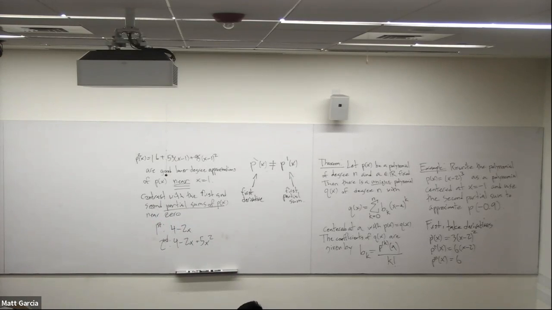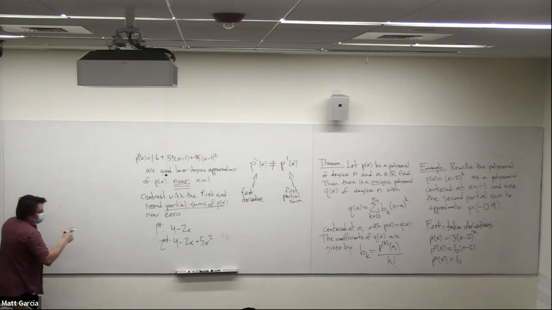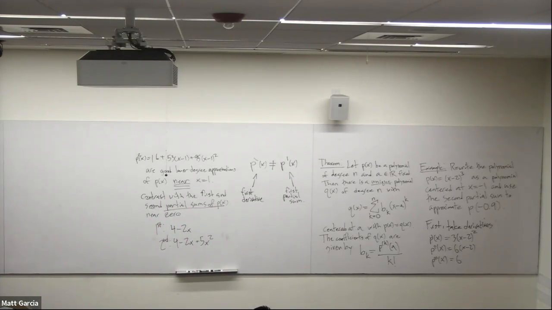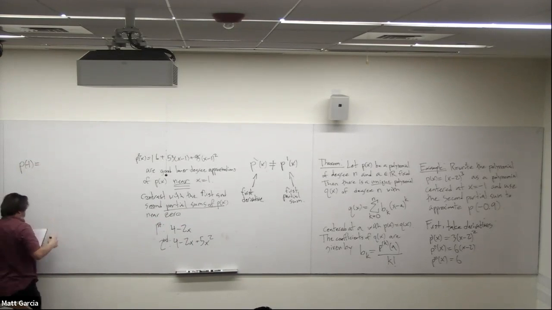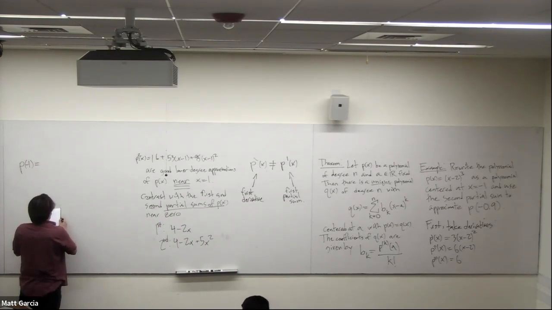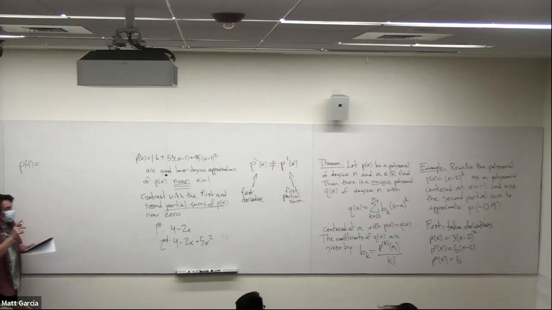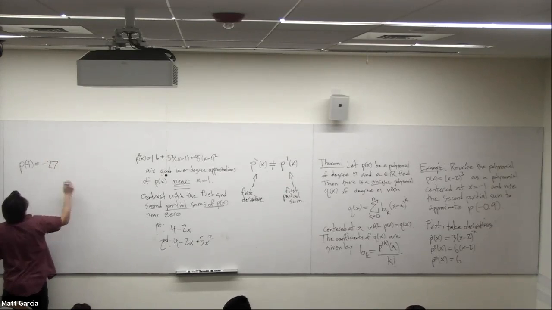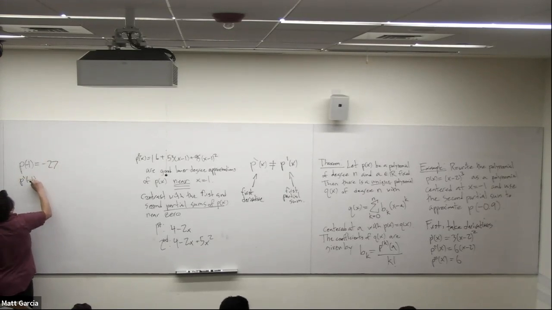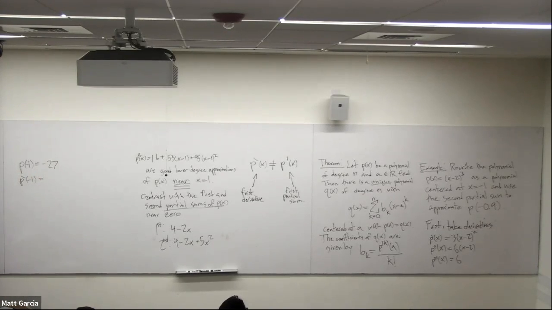Okay, so let's evaluate our derivatives at -1. But remember, we start with the 0th derivative, i.e. the function P itself. So what do I get when I evaluate P at -1? -27. Yeah. P prime at -1, what do we get?